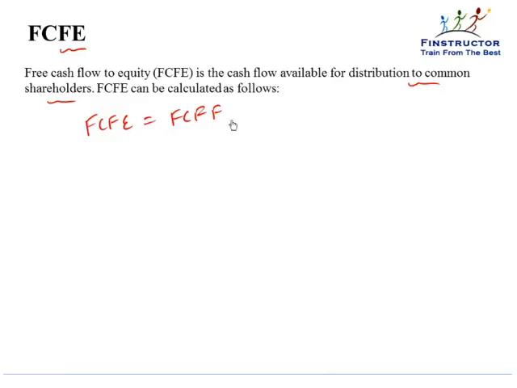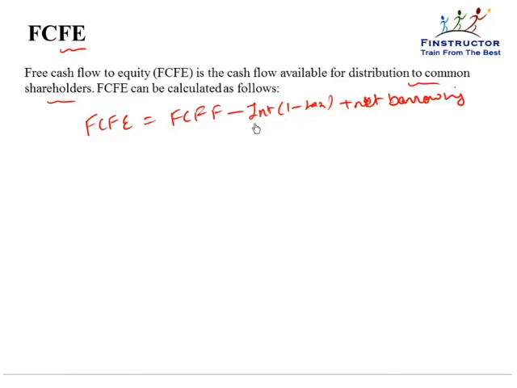So from the free cash flow to firm, first I will pay my interest, but if I pay interest, I will also get a tax benefit plus any principal that I have received from the debt holders. So plus any net borrowing. Net borrowing is the principal received minus the principal paid. So if I have repaid the debt, this number will be negative. If I have taken on more debt, this number will be positive.